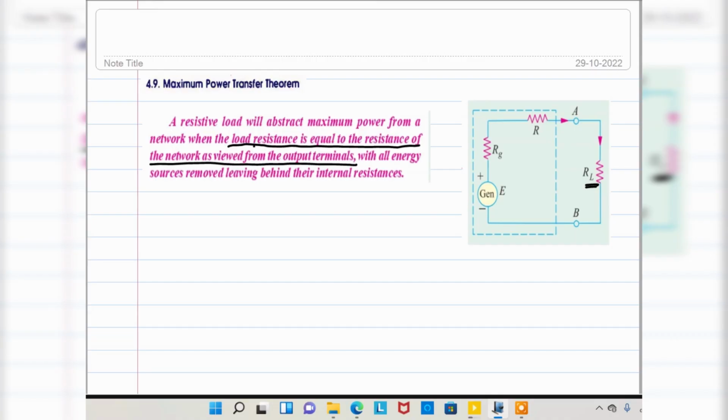Finding the load resistance equal to the source resistance is the same concept as RTH: the sources are removed and replaced by their internal resistances. So the RTH procedure is the same here.